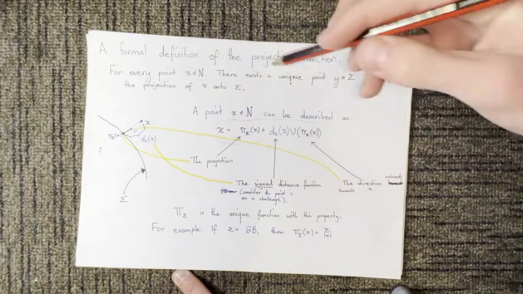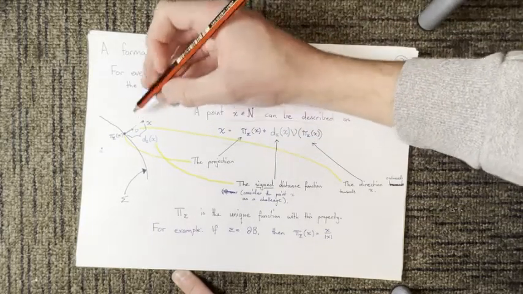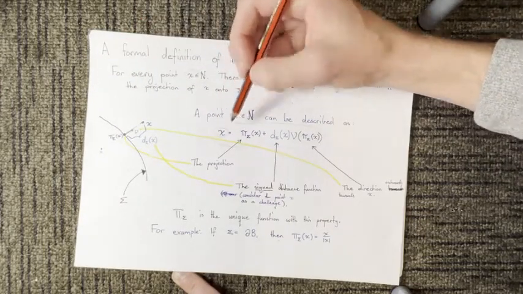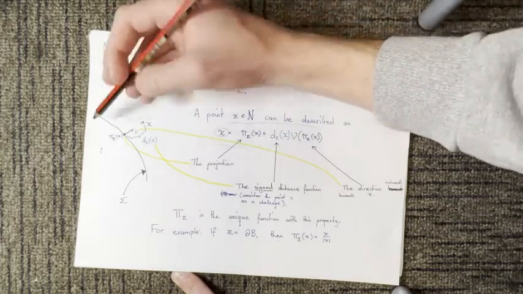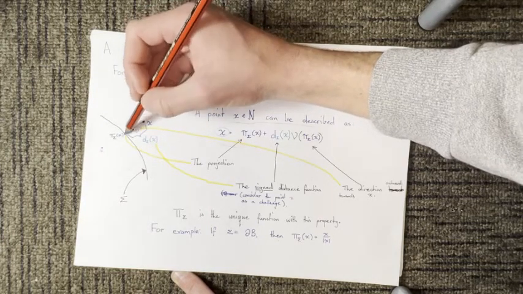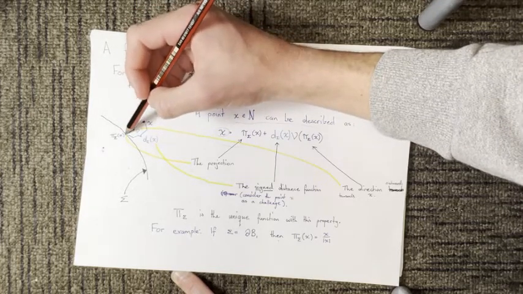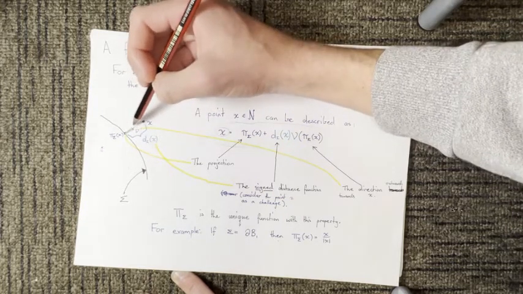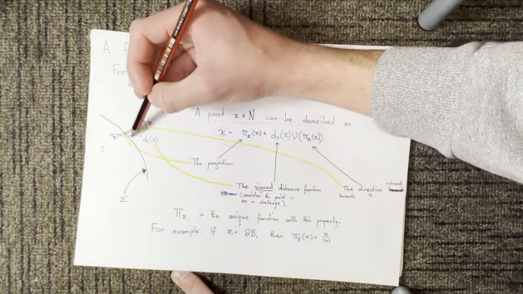And we can re-describe any point in the neighborhood as being relative to its projection. So for the point in the neighborhood X, we take the unit normal vector from the place where X gets projected to, and then we scale it up by some amount. And that is the distance from the projection to X. So we get this normal vector, and I haven't explained how we get that yet, which is from the projection of X, and then we scale it up a bit.